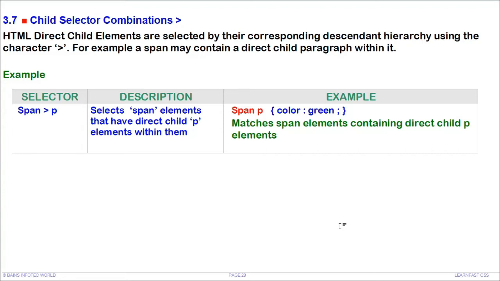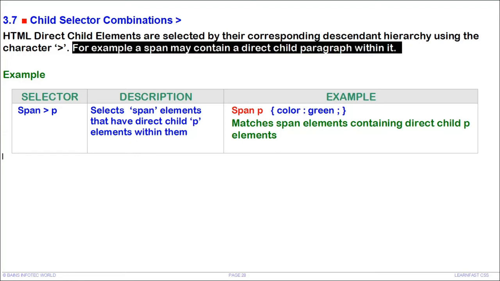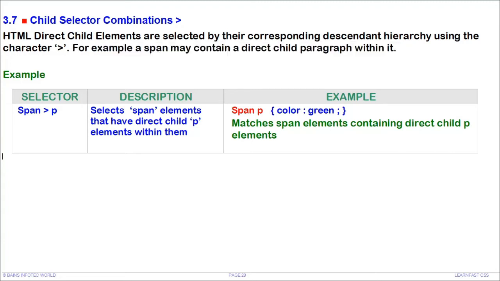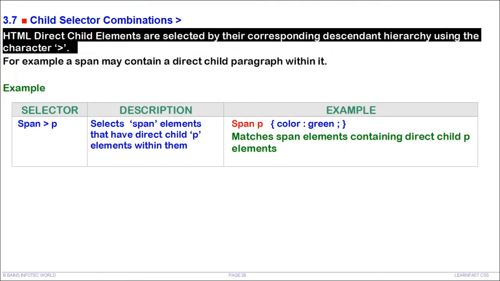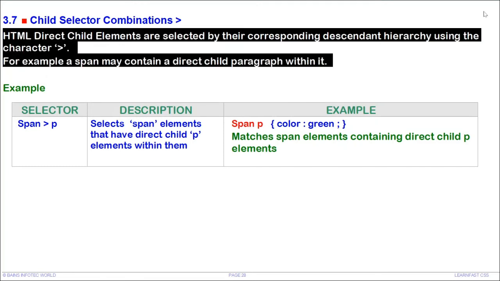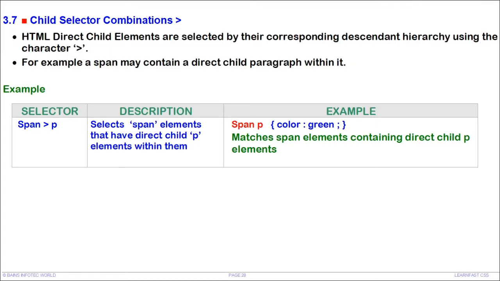Okay, next section, child selector combinations. In HTML, direct child elements are selected by the corresponding descendant hierarchy using the greater than character. For example, a span element may contain a direct child paragraph within it. So this is allowing you to fine-tune your selecting process by saying that the child must be directly below the first element that you selected.